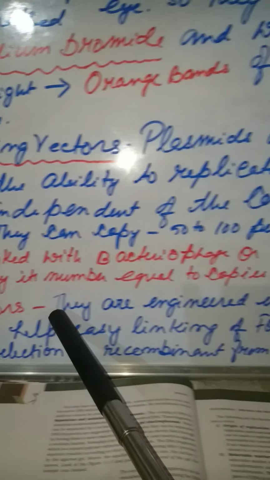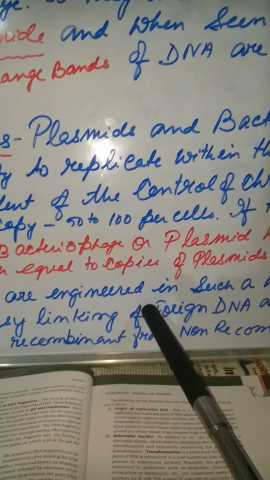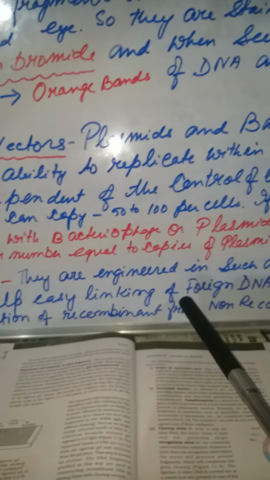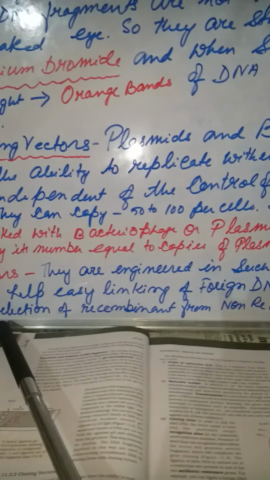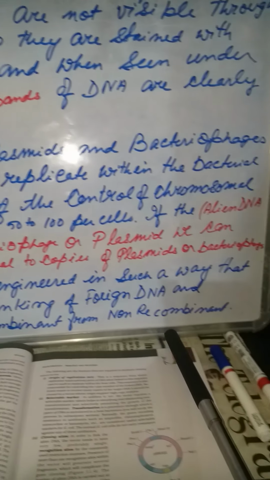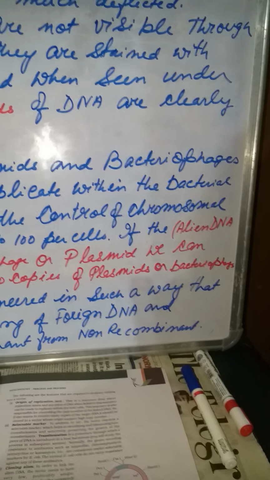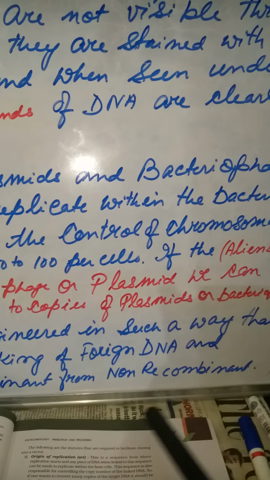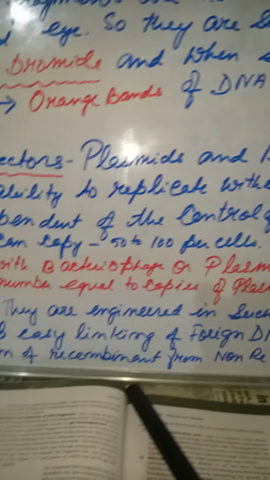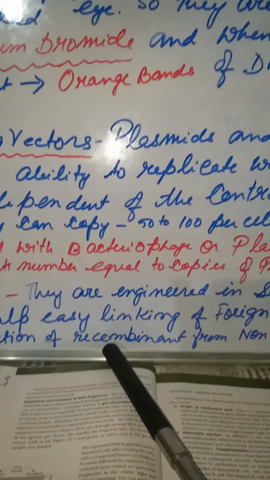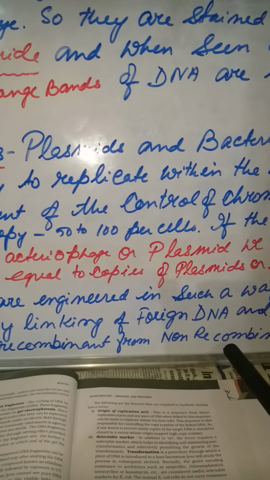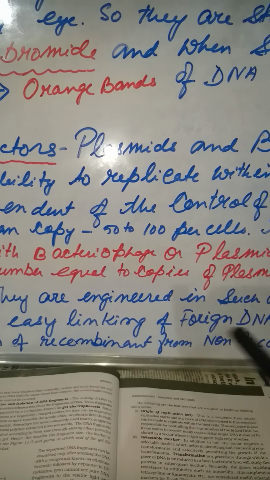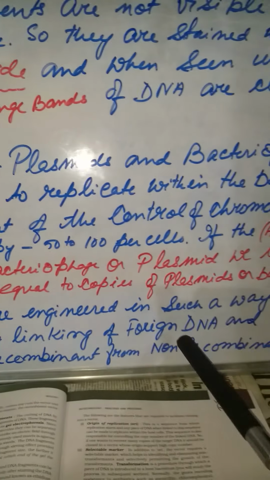And what is a vector? Vectors are engineered in such a way that they help the easy linking of the foreign DNA and the selection of the recombinant from the non-recombinant one. What is not required forms the non-recombinant variety, and what is required is known as the recombinant variety. So recombinant and non-recombinant have to be identified and separated from each other.